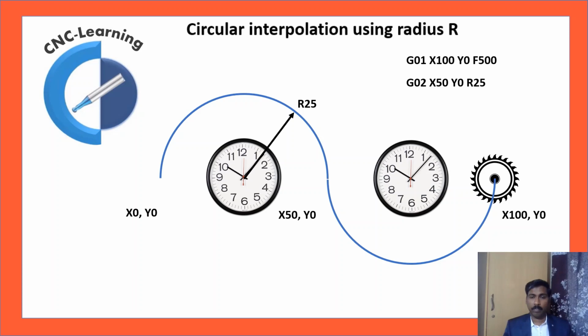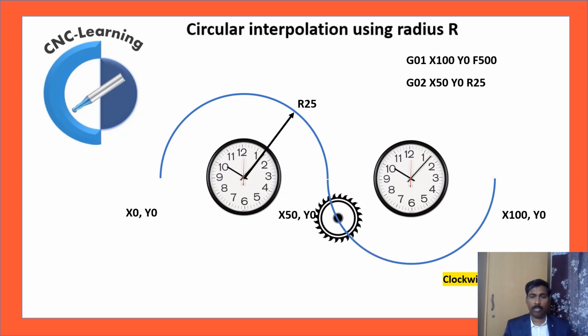You can see the needle of the clock, how it moves. It moves like this, clockwise. That is called clockwise movement. So this movement now has to be clockwise. So we'll see G02 X50 Y0, that is the endpoint command, and radius is 25. Clockwise movement.